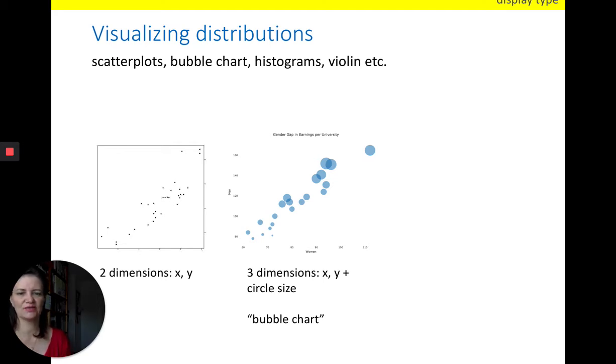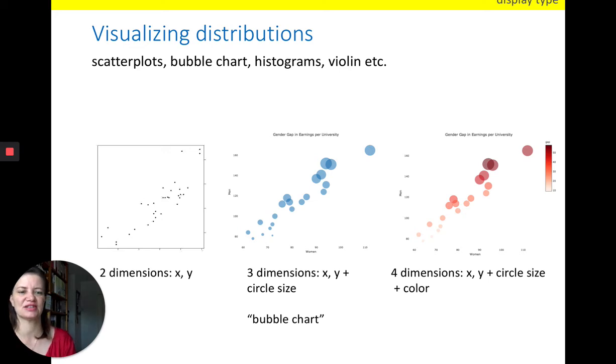So now we can visualize not only your shoe size and your body height, but maybe also the circumference of your head, for example. And the scatterplot is even better than that. We can go beyond 3 dimensions and actually visualize 4 dimensions, because we can not only vary the x and the y position and the circle size, but in addition we can vary the color of the circle, or we could vary the shape of the circle as well.